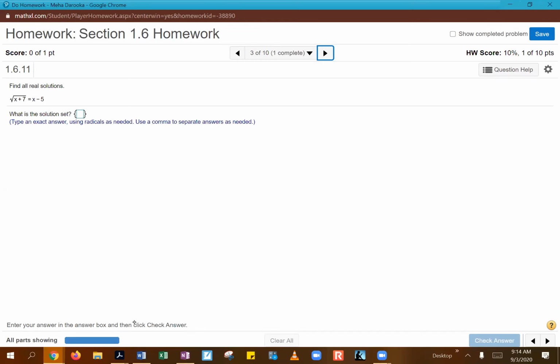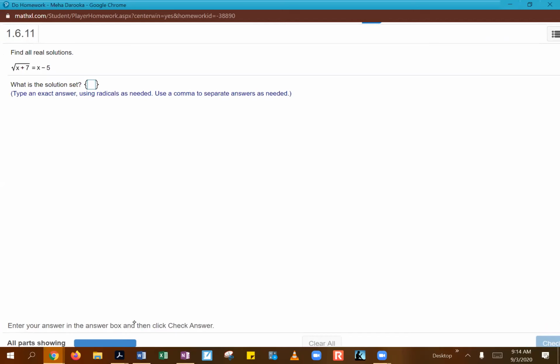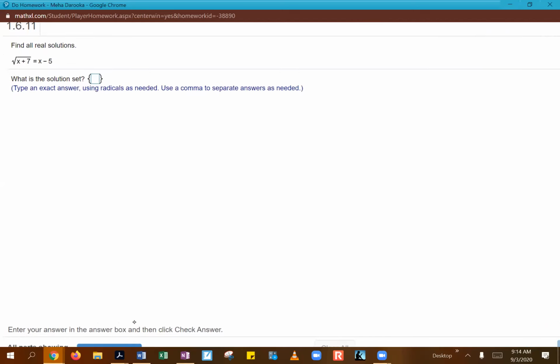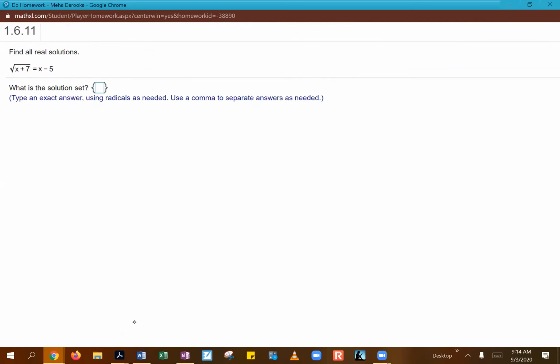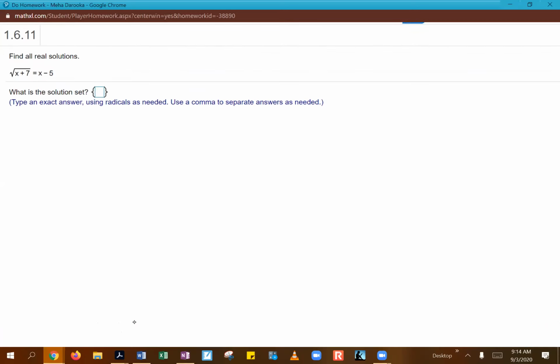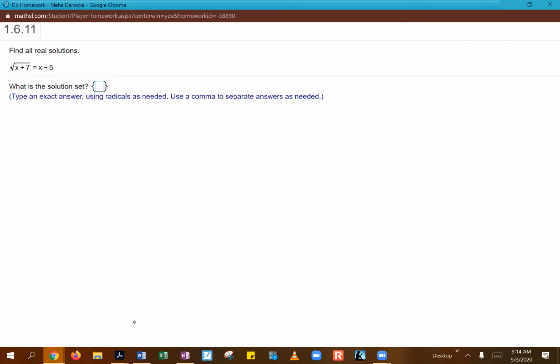So let's take a look at this example over here. We are given x plus 7 inside the square root on the left-hand side and x minus 5 on the right-hand side. So you will see my radical is already on one side and all the other terms are on the other side. So we can go ahead and directly start by squaring both sides of our equation.